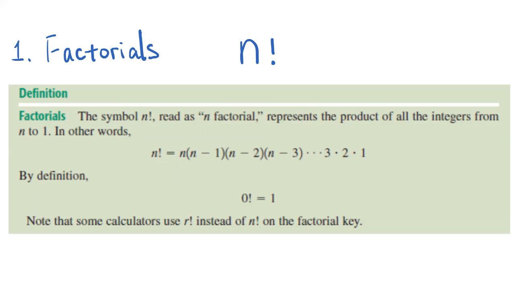In other words, n factorial is defined as n multiplied with n minus 1, n minus 2, n minus 3, all the way until 3 to 1. All right? And also, by definition, 0 factorial is defined as 1. Okay? So, any questions here?